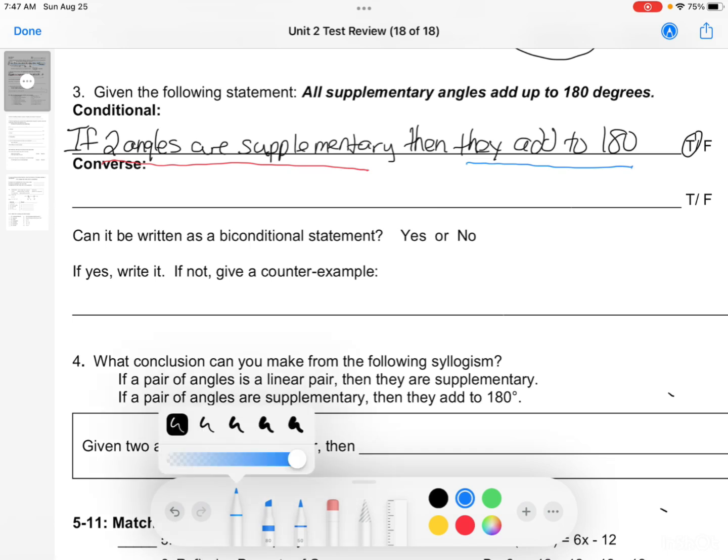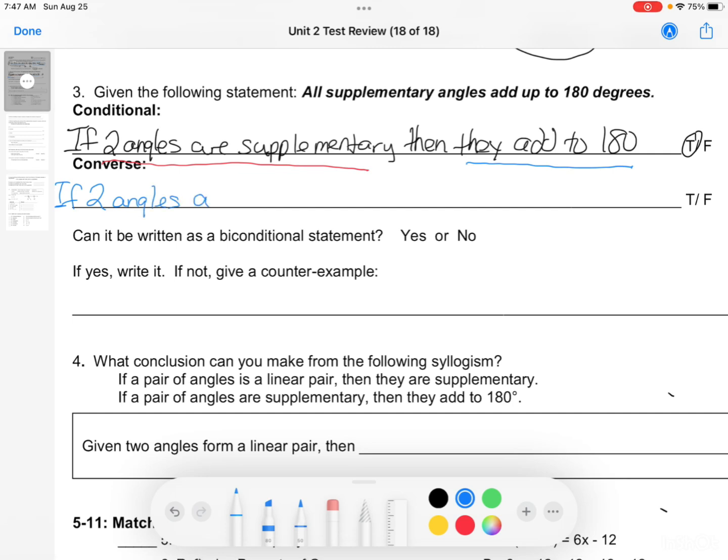We keep the if and then, but we just flip the two statements so that it is: if two angles add to 180, then they are supplementary. Okay, and then that's true.